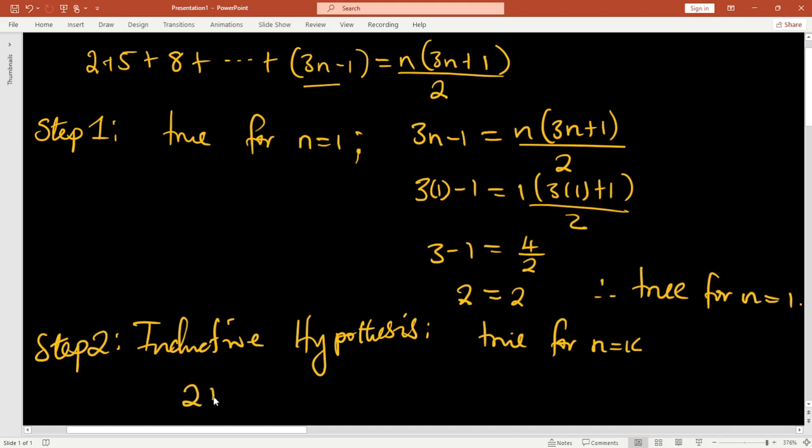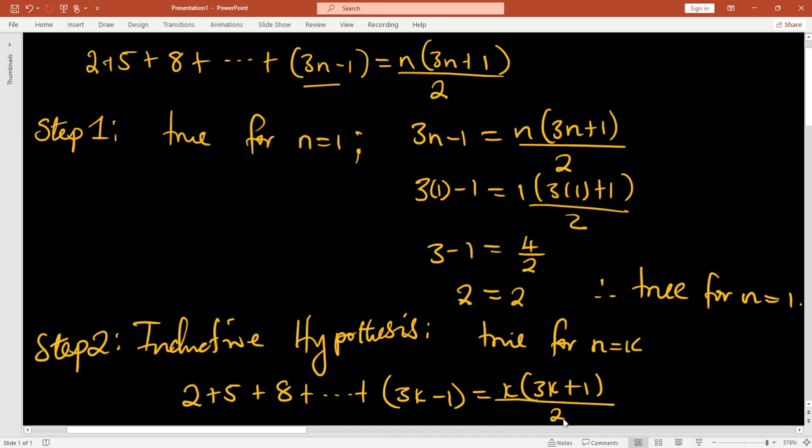So you're going to have 2 + 5 + 8 + ... + (3k - 1) = k(3k + 1)/2 here.